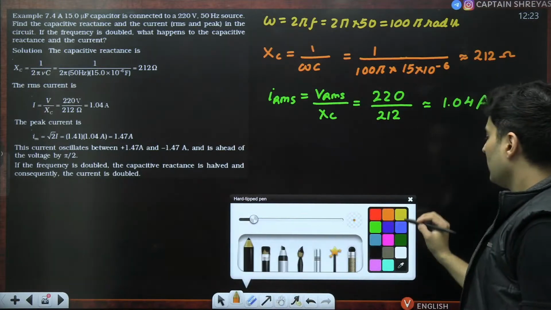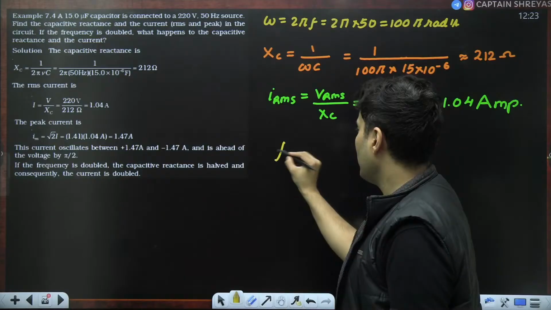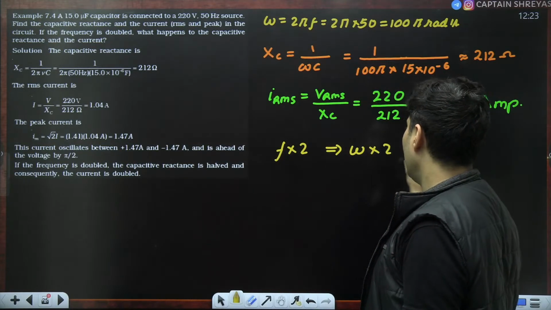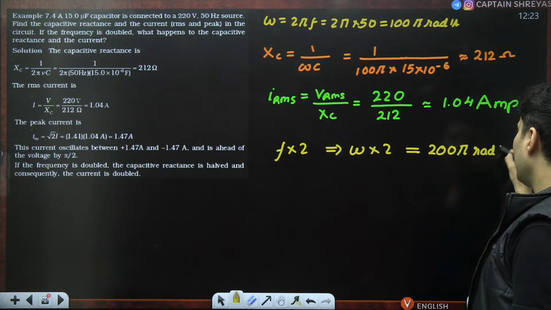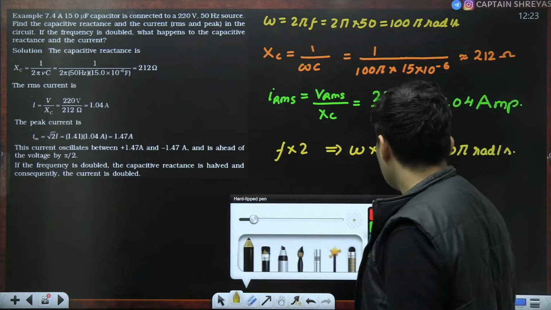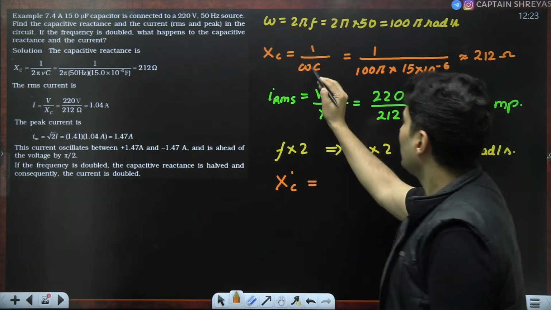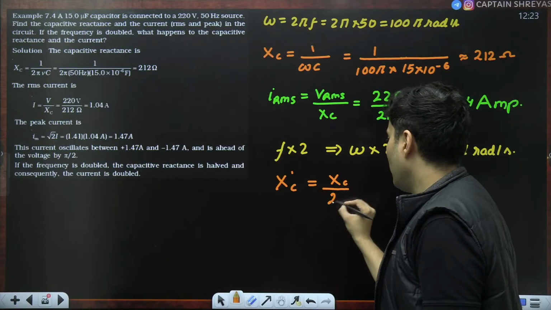Second part, what will happen if the frequency is doubled? Think about it. If frequency is doubled, then omega will also be doubled and it will be nothing but 200 pi radians per second. Because of which the new XC, with omega below, will be the old XC divided by 2.